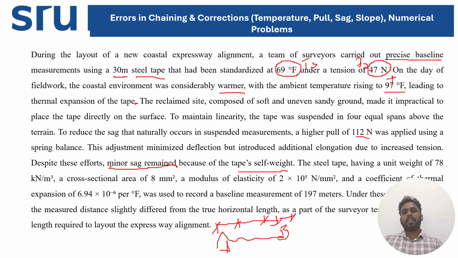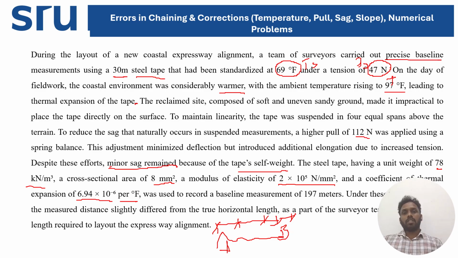Here comes the required data, I mean your given data. The unit weight of steel is 77 kilonewton per meter cube. The cross-sectional area of your tape is 8 mm square and the modulus of elasticity of steel is usually 2 into 10 power 5 Newton per mm square. The coefficient of thermal expansion is 6.94 into 10 power minus 6 per degree Fahrenheit. These are the data required for your calculations.